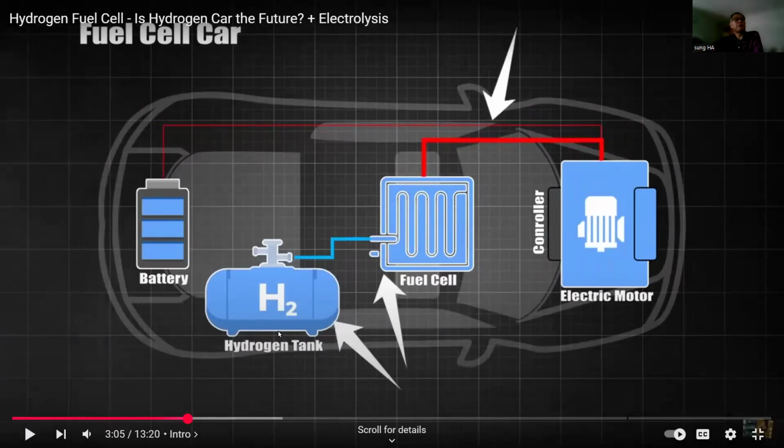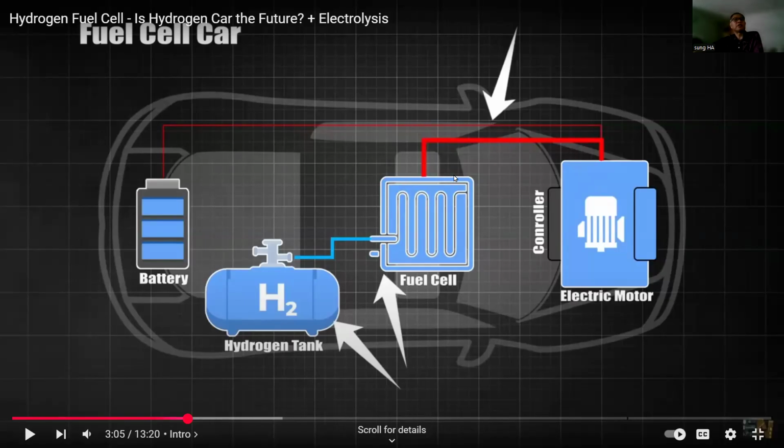Imagine that we have hydrogen gas in a tank. Again, as we reviewed, about 2 kilograms of hydrogen in one tank. And with this hydrogen gas, to generate electricity to operate this electric motor, what do we need? We need a fuel cell.